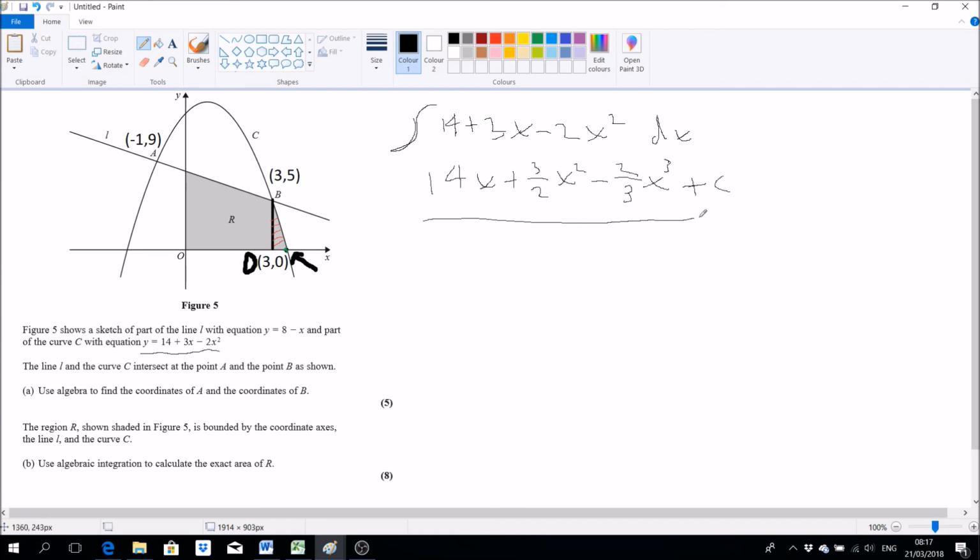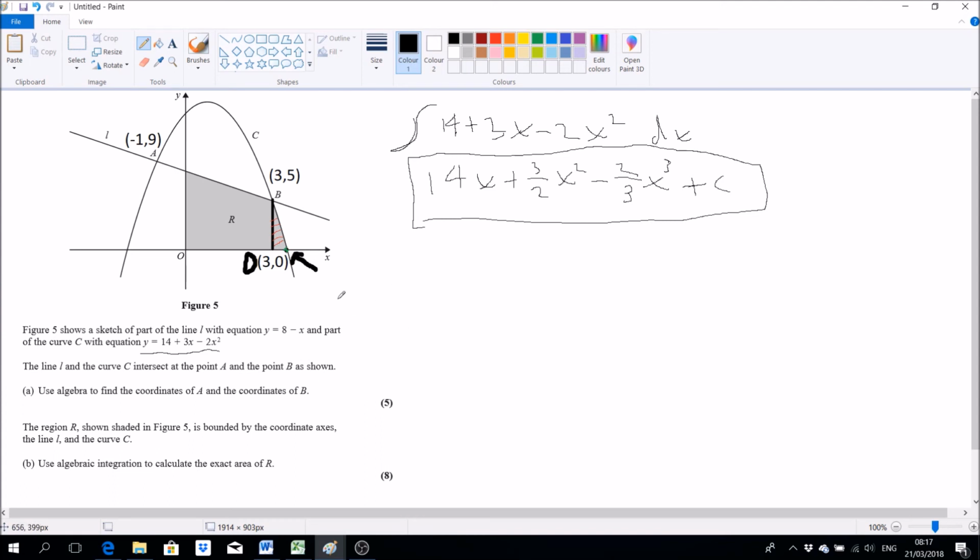So we integrated the curve. And now we have to calculate the red area, which is given by the substitution of the x-coordinate of this point minus the substitution of the x-coordinate of this point, which is D, which is 3. So I hope that makes sense. I'm going to do it now.